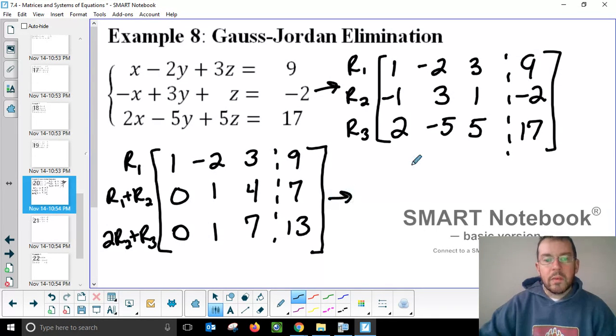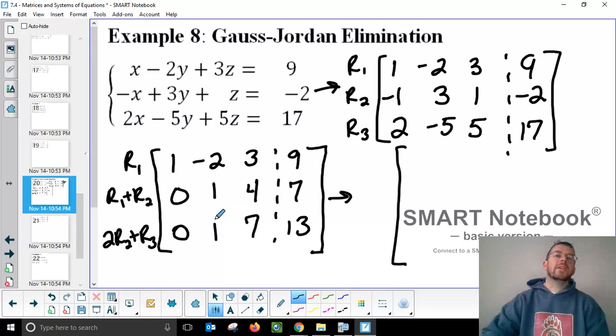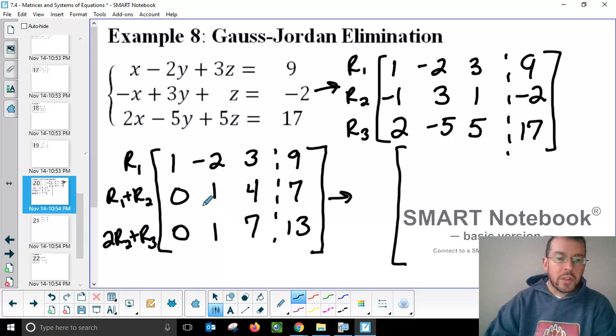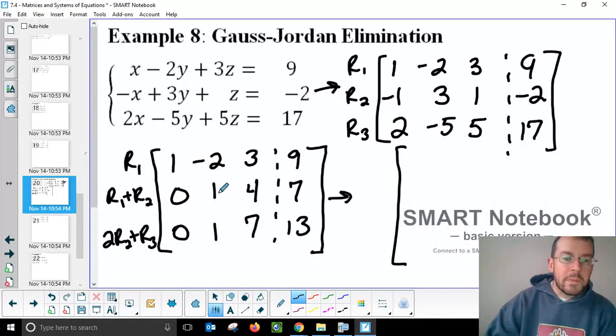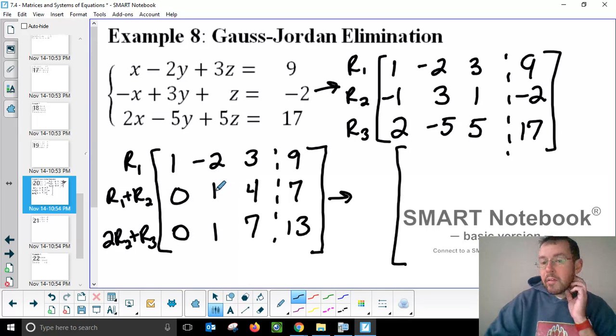Now with my next iteration, I'm going to want to fix this column. To get it in reduced row echelon form, I want this to be a 0, this to be a 1, and this to be a 0. Do be careful when you're combining your rows that you don't combine them in such a way that you will change the previous column.